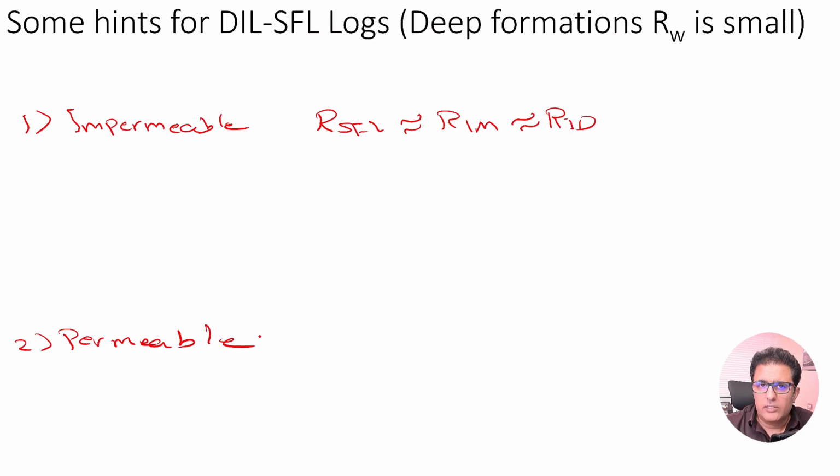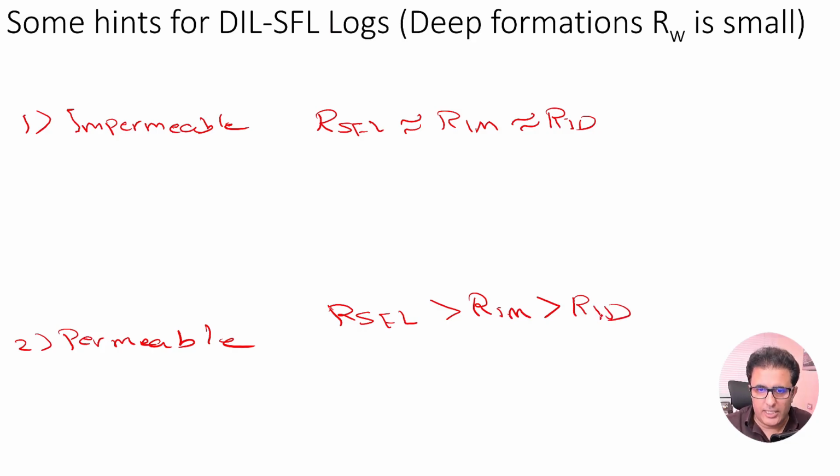In the flushed zone, the dominant fluid is non-conductive mud filtrate, and the transition zone is partially saturated by non-conductive mud filtrate. As a result, we should see RSFL should be greater than RIM, and that should be greater than RID.